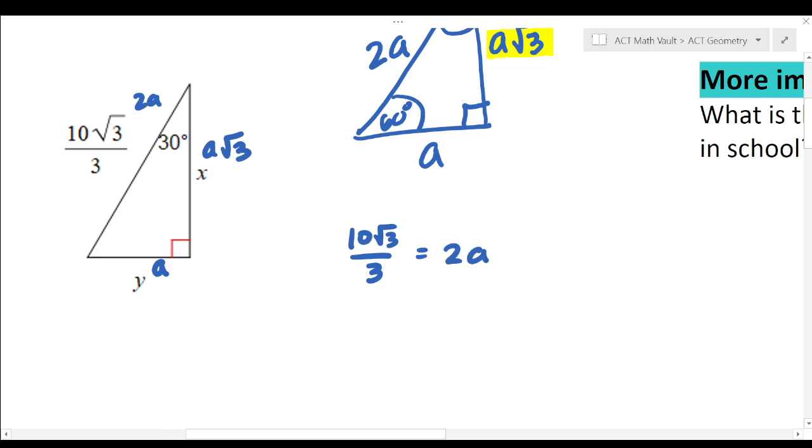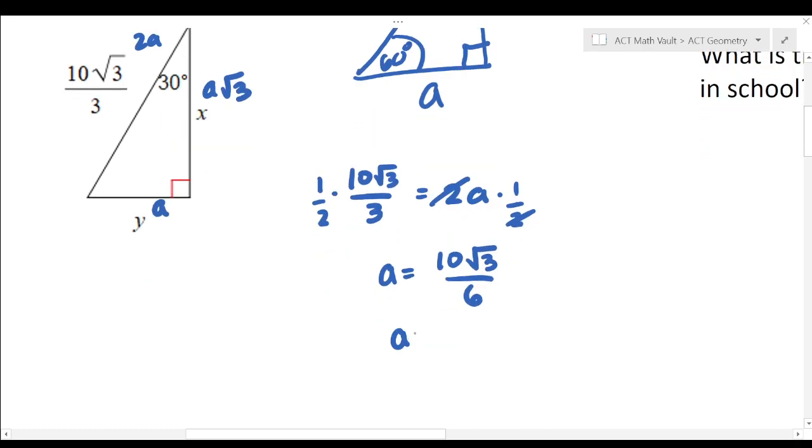And the way I'm going to solve for this is, you can just divide by 2 on both sides. I want you to also think of dividing by 2 as the same thing as multiplying by 1/2, which is a little bit easier for fractions. So the 2's will cancel, and we get A equals 10√3/6.